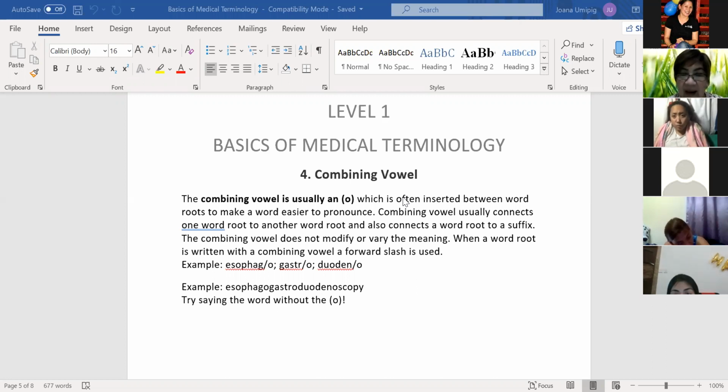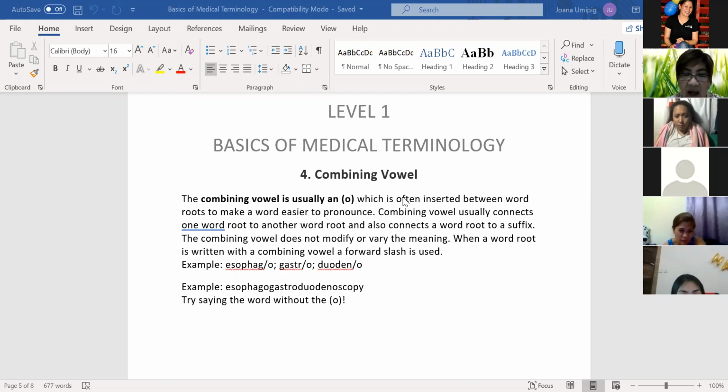The combining vowel does not modify or vary the meaning. When a word root is written with a combining vowel, a forward slash is used. Example, esophago, O, there is O, oscopy. Okay, the gastro, O, gastroscopy. And duodeno with the combining vowel O, that is duodenoscopy.